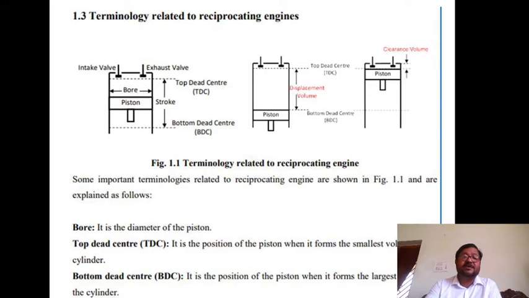Stroke length is the length from top dead center to bottom dead center, and the stroke volume, or displacement volume, is the volume swept by the piston between them. Then there are the intake valve and exhaust valve, and between the piston at top dead center and the cover surface, a small quantity of air remains. That volume is called the clearance volume.